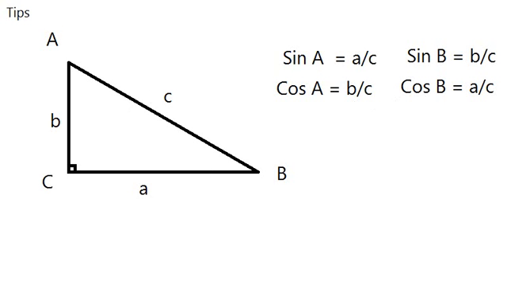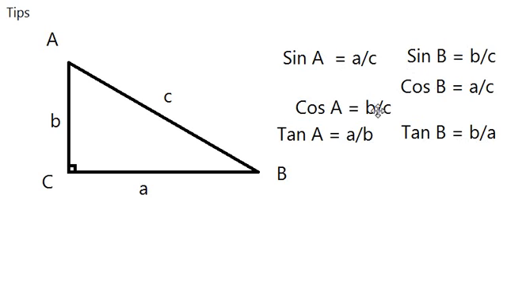And finally, you've got tangent, which is the only trigonometry function that doesn't contain the hypotenuse, so we can generalize it as a over b and b over a. Notice that sine a and cos b are the same, and sine b and cos a are the same. So yeah, they can be a pair.